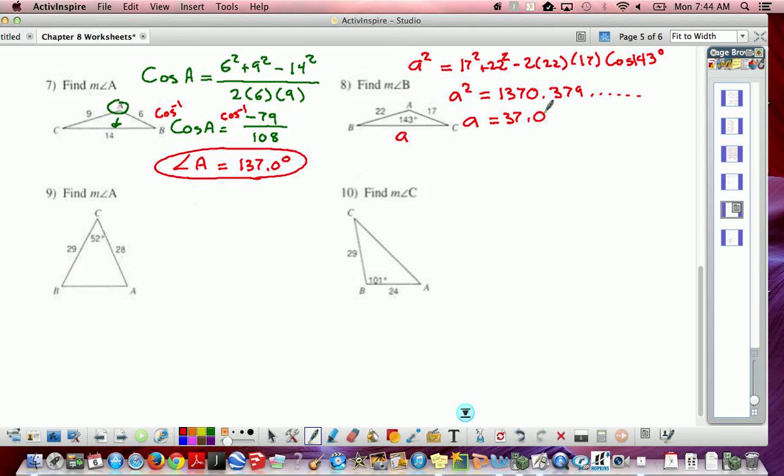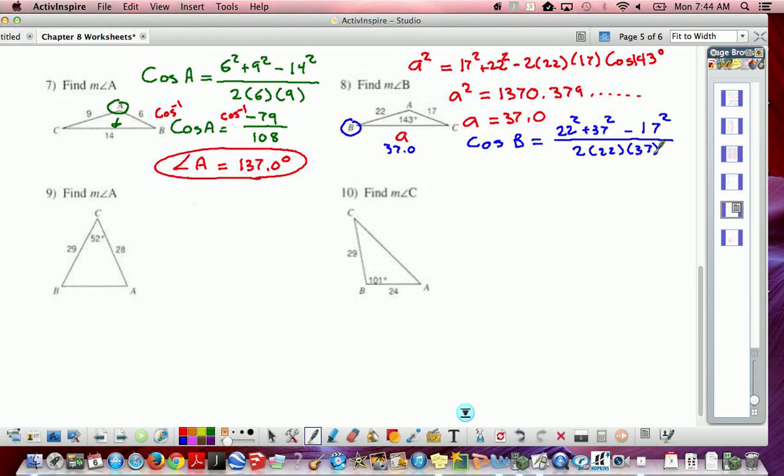Now again, my goal here is to actually find angle B. So I needed to find this third side to help me do it, so that I can do it just like number 7. Cosine of angle B in this case is equal to the two sides that make up the angle, so 22 squared plus 37 squared minus the side across from the angle, 17 squared, divided by 2 times the two sides that make up the angle.